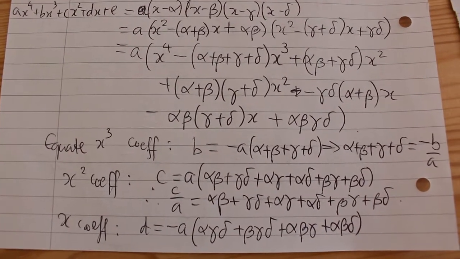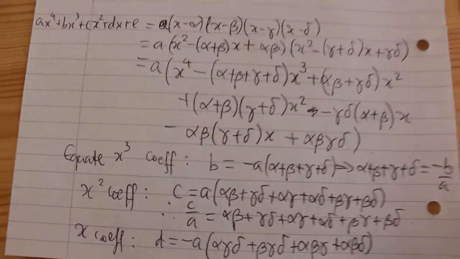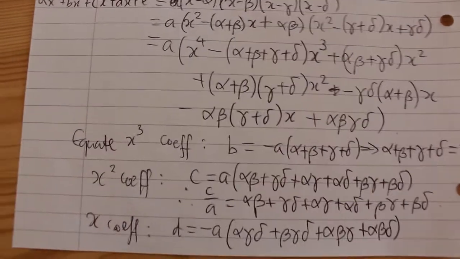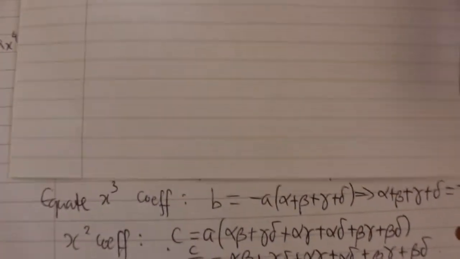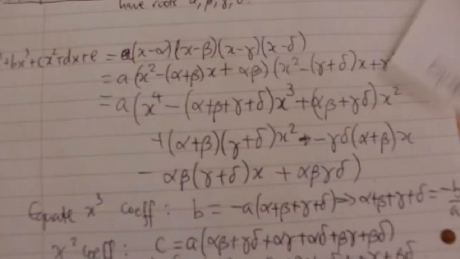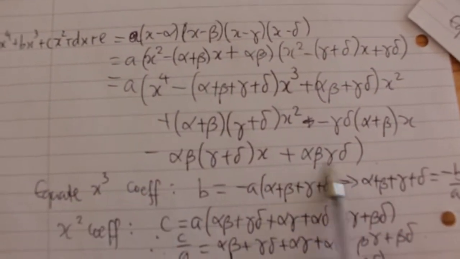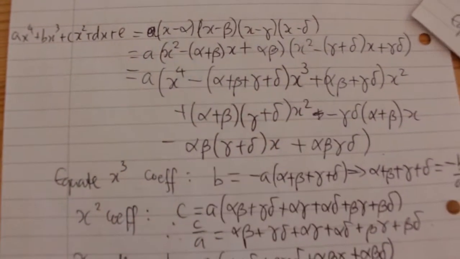And then if we equate the constant terms, we can see a times alpha beta gamma delta is e.